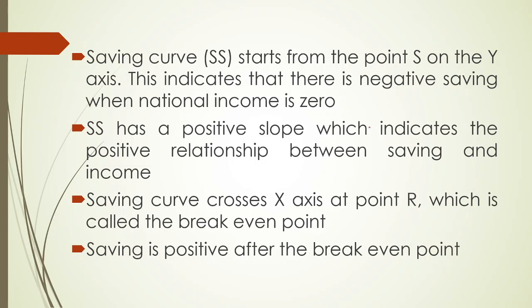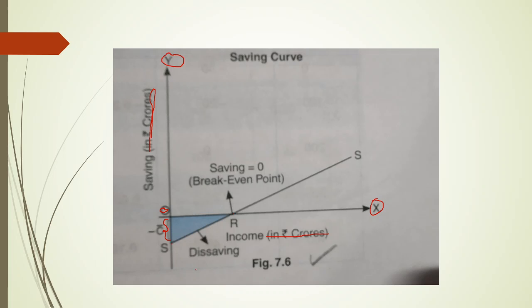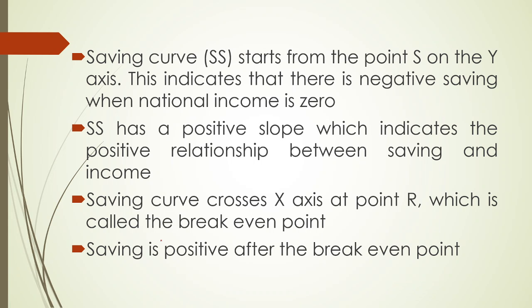This indicates that there is negative saving when the national income is 0. It starts from a point below the origin, which indicates that saving is negative when national income is 0.